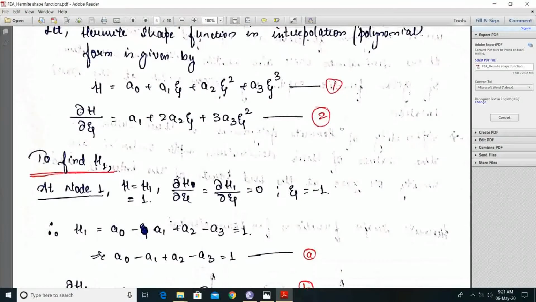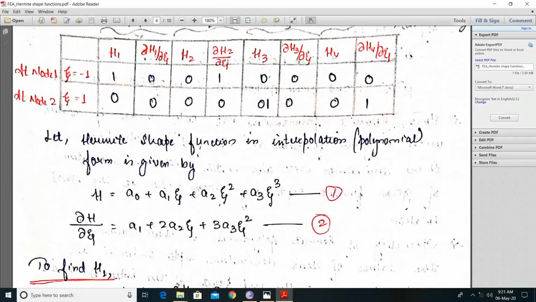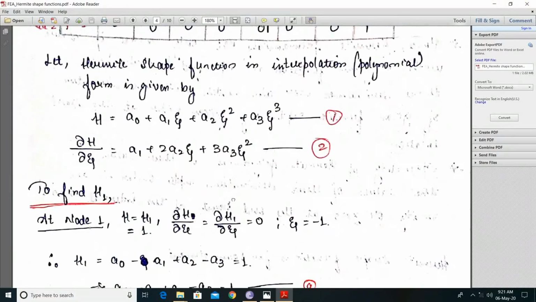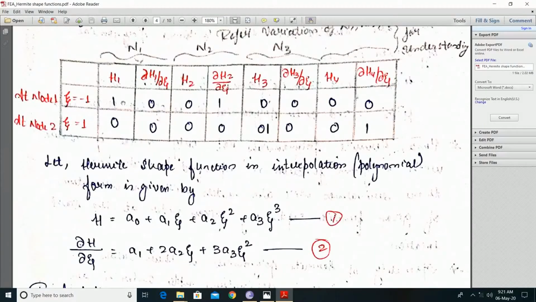To find h1 we will be applying these boundary conditions at node 1 and at node 2, as you see here. So at node 1 we know xi is equal to -1, h1 will be equal to 1, and dou h1 upon dou xi equal to 0. You can see here above, h1 is 1 and dou h1 upon dou xi equal to 0.